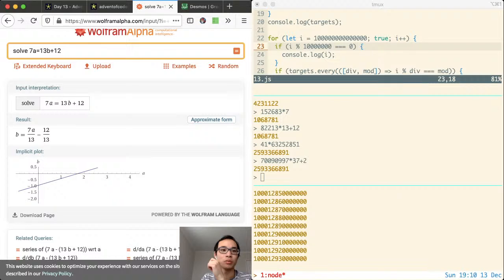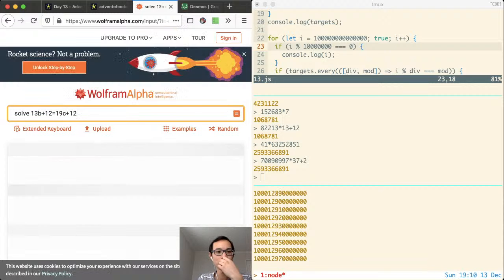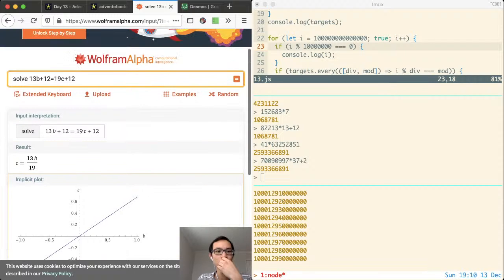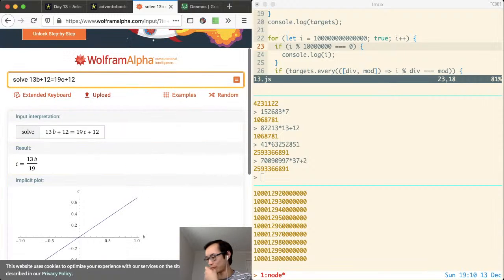Maybe I just want more examples. Let's just do this as an example. Right, now in this case, they both have a plus 12 on the end, and that means they cancel out.